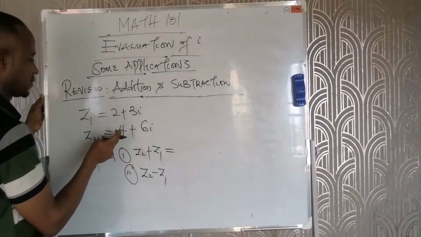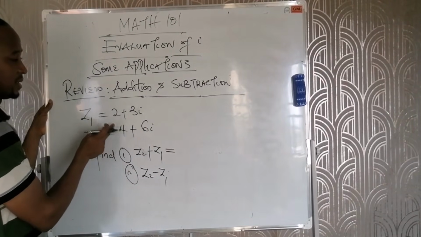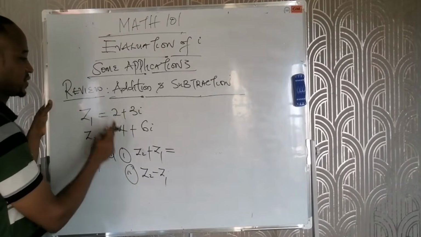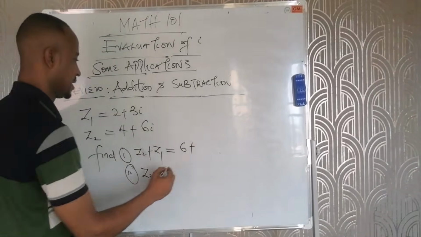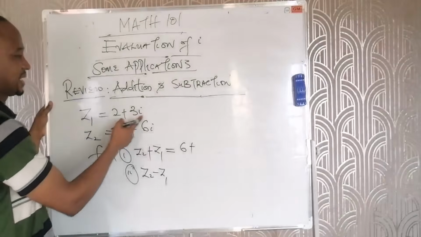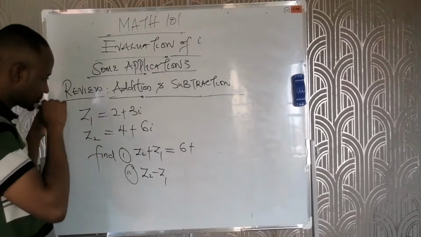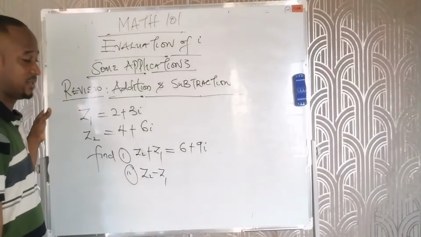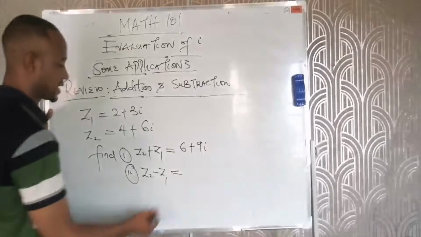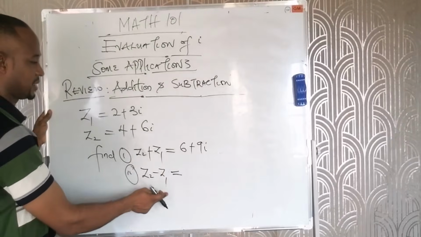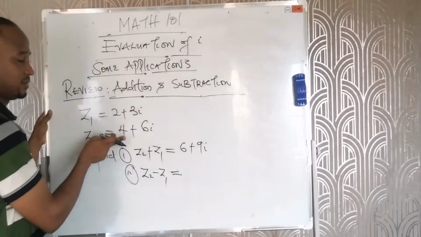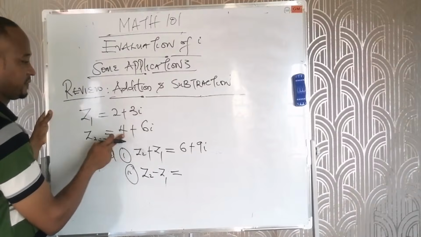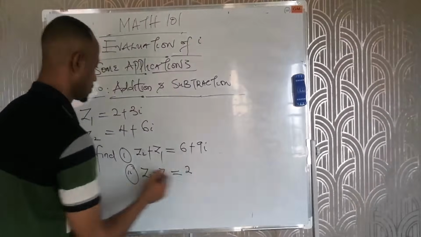The real part here is 4 for Z2. The real part here is 2. So 4 plus 2 will give us 6. 6i plus 3i will give us 9i. That's how simple this can be. Under subtraction, Z2 minus Z1, I will subtract the real, then subtract the imaginary. 4 minus 2 is simply 2, right?